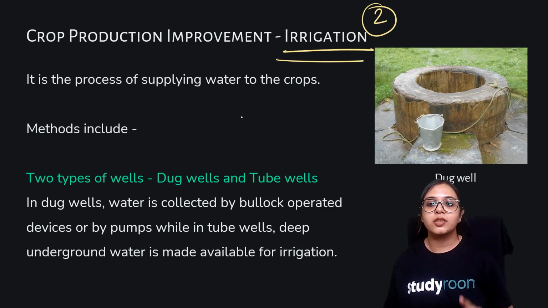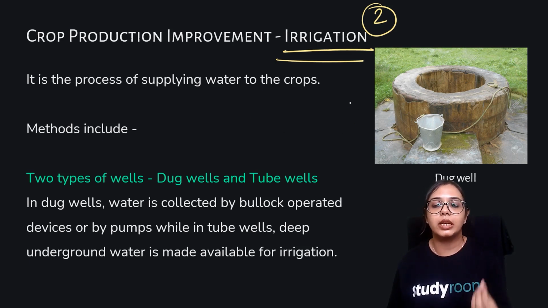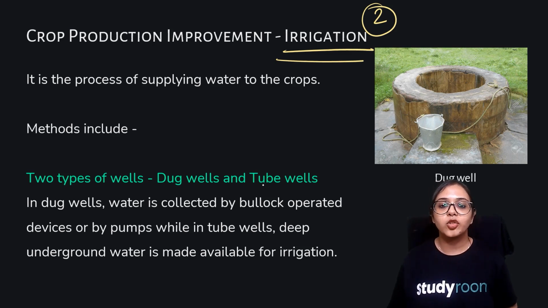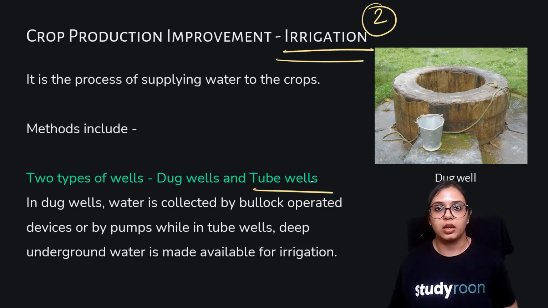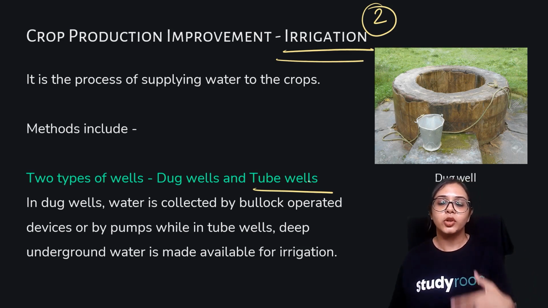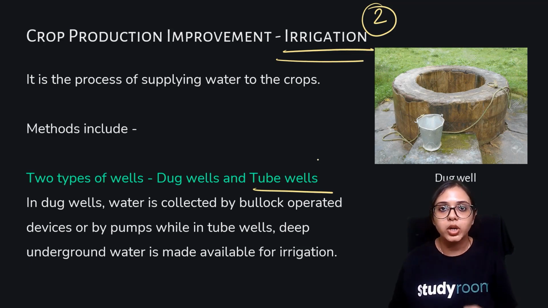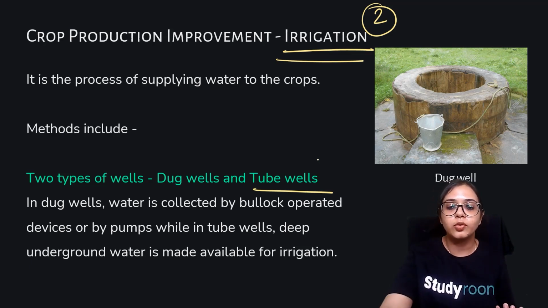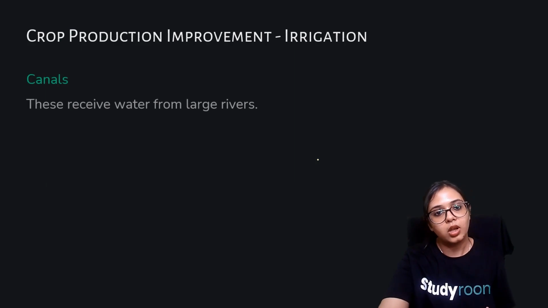There are two types of methods. One is the dug well that you can see over here, which in Hindi you call kuwa, and then there are tube wells, in Hindi called chavakal. They are used so that underground water can be procured for irrigation, for supplying water to the crops.